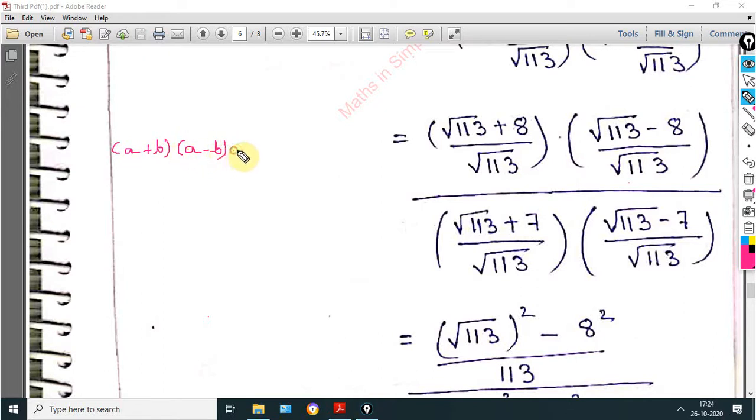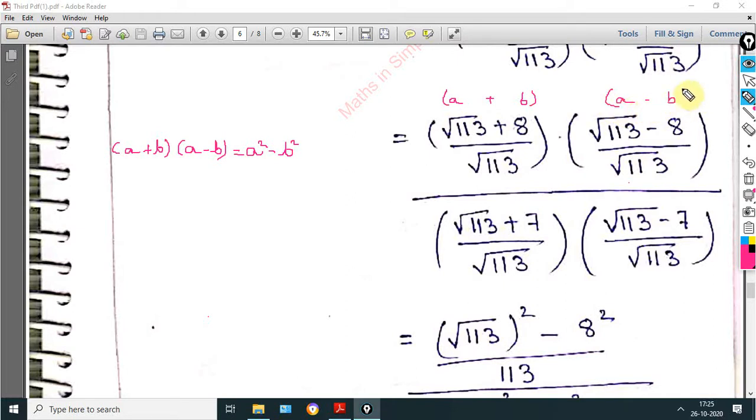It equals a square minus b square. So what is a here? This is a, suppose, and this is b. Here also this is a and this is b. So here a plus b, plus is there, no? So a plus b, and here minus is there, so a minus b. A plus b into a minus b.